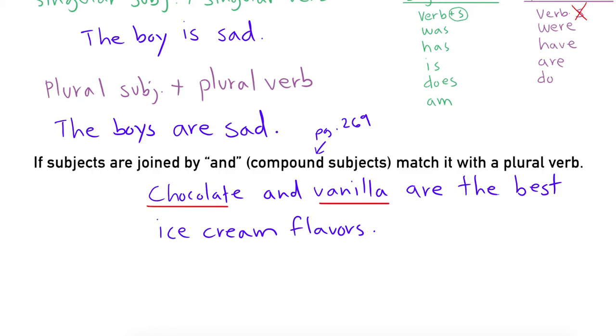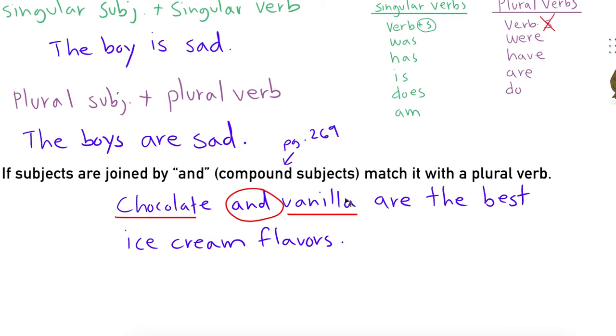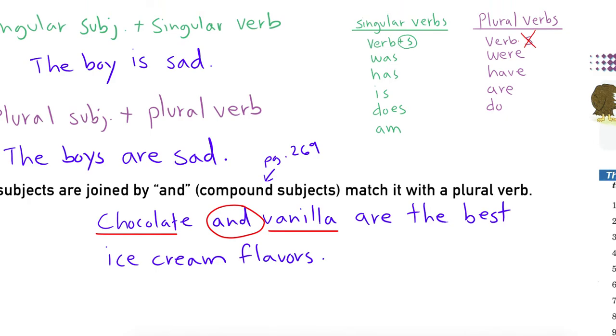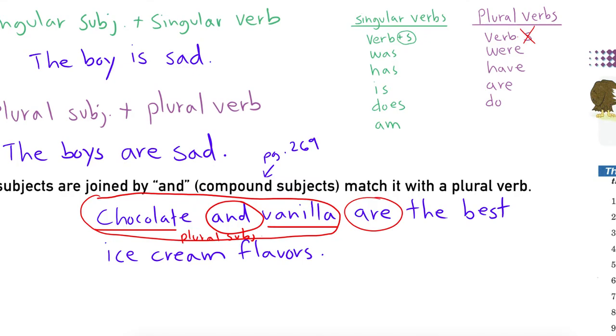They're singular, but they're connected by the word and, so they become a compound subject. Because they're a compound subject, I have to connect it with a plural verb, are. I can't say chocolate and vanilla is the best ice cream flavors, because is is for singular subjects, and here, because they're connected by and, this is a plural subject. So I have to use the word are.